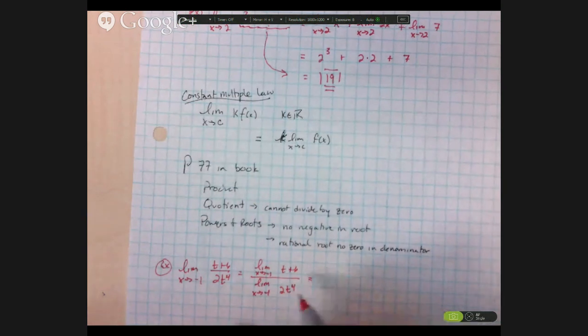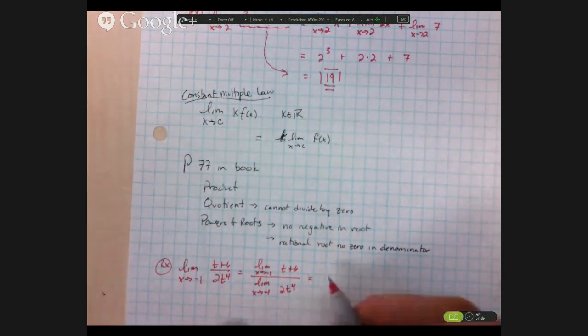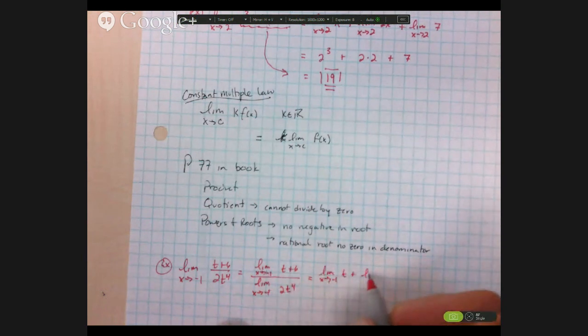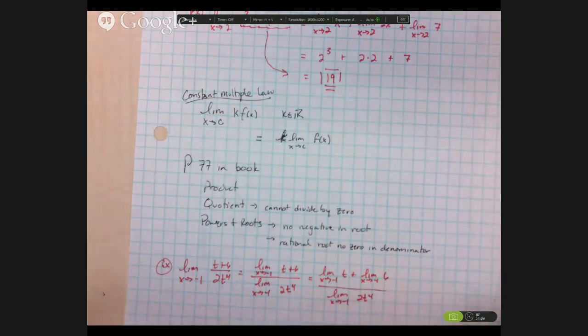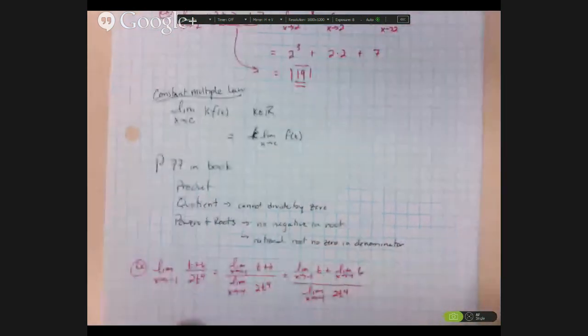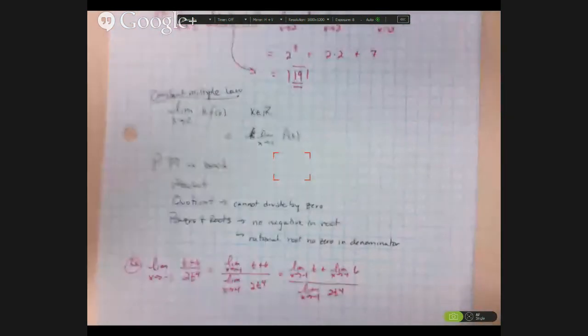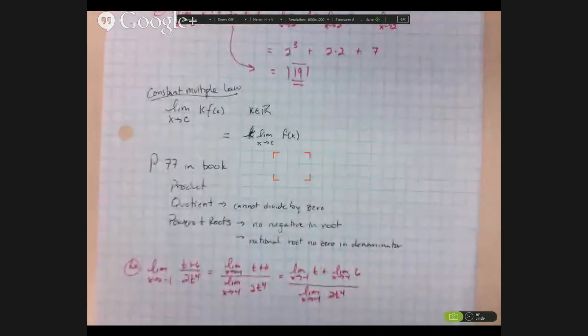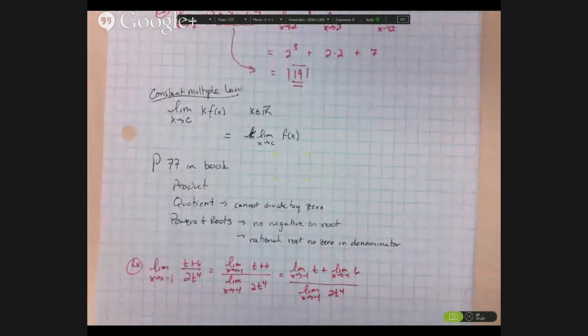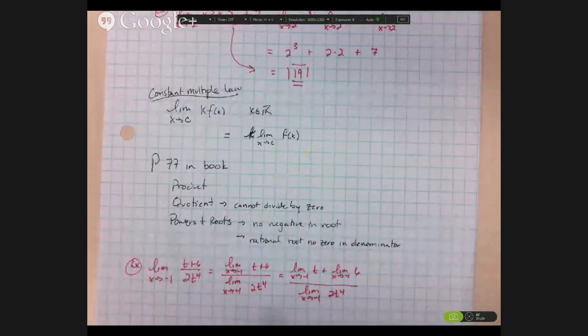And if you want to be math proper, you can put this limit into both of these. Now we can do it. Just be aware, you don't have to write this out.